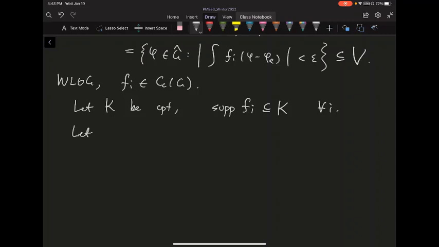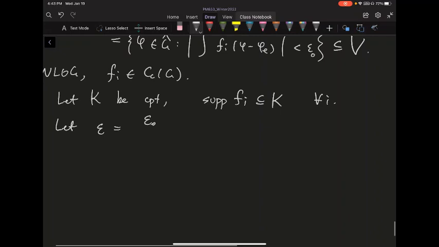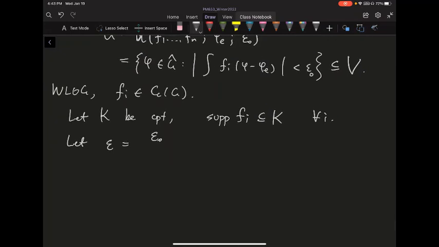Let epsilon be, well, I have epsilon 0 before, now I define a new epsilon to be epsilon 0 over the maximum of the one norm of these fi. You kind of guessed where they come from.